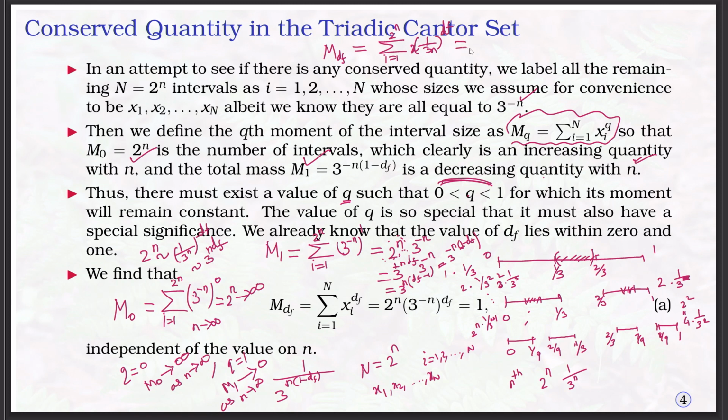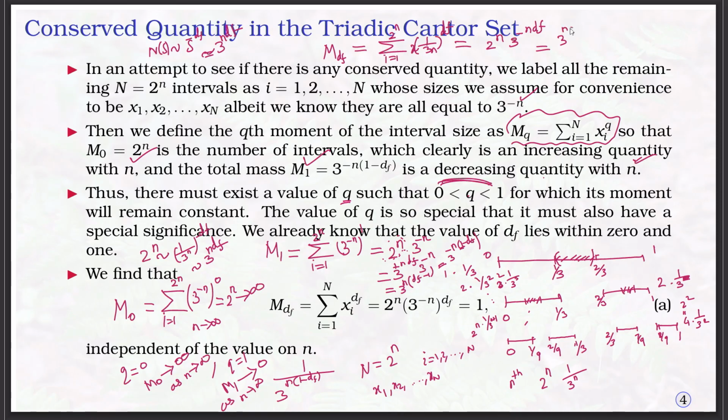That means here you can get 2 power n times 3 power minus n df, and this 2 power n we can write as 3 power n times delta, where delta is the dimension, so 3 power n df.